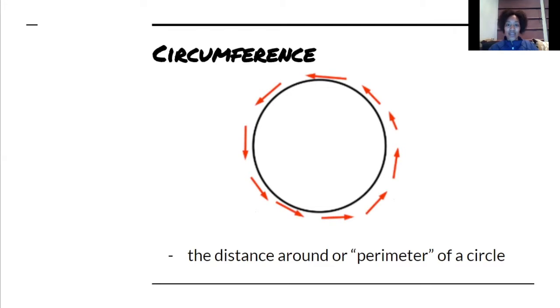Remember, we learned about perimeter, which is the distance around a polygon. Well, this figure that we're looking at today does not have any sides, but it is the exterior, the outer portion of the circle, the outline of the circle.